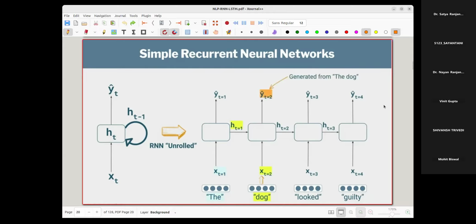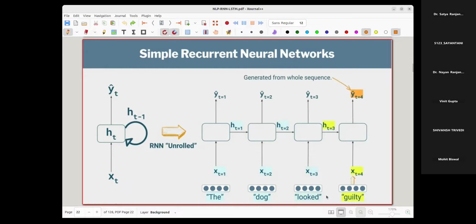So at time step 2, this is my generated output, that is the information from dog. So "the" is there, "dog" is there, both information will be used, and it will give you some output here. And similarly at time step 3, looked is there, and at time step 4, "guilty" will be used. And when guilty is processed, it uses all the information, that is the, dog and looked.